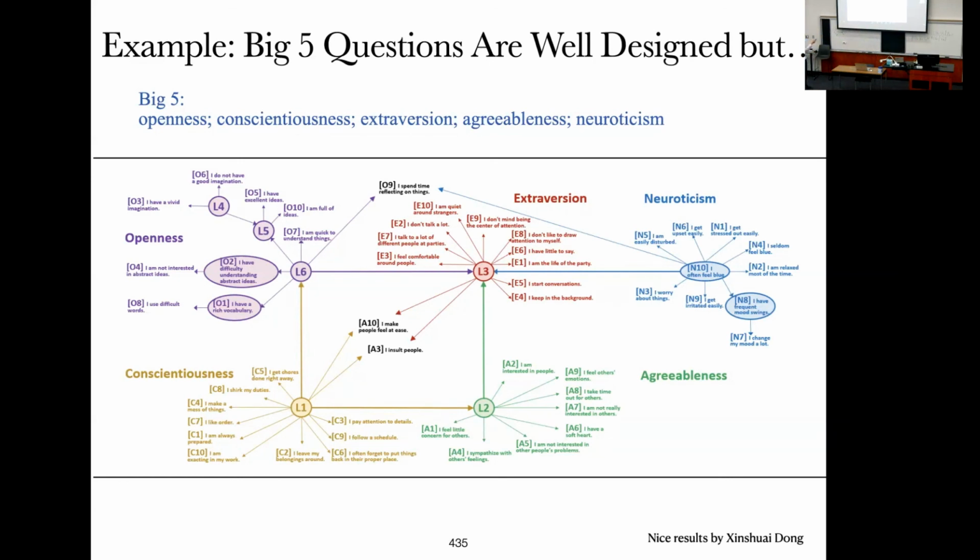You have multiple variables related to openness, as you can see from here. You have better understanding. Of course, to answer those questions, you may rely on this latent variable and that latent variable together.